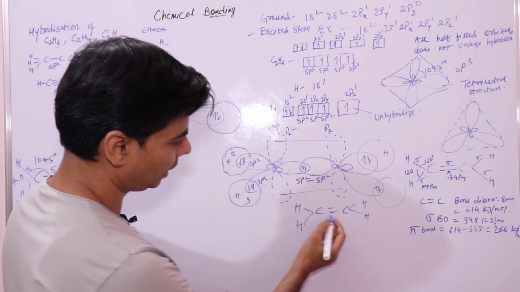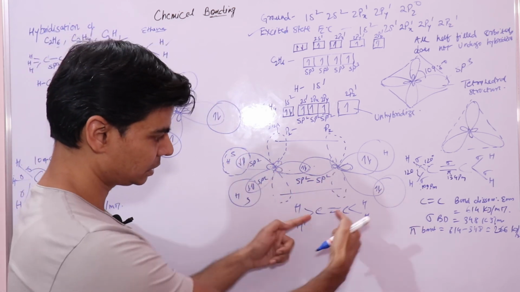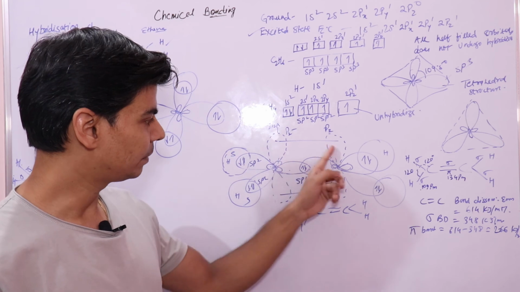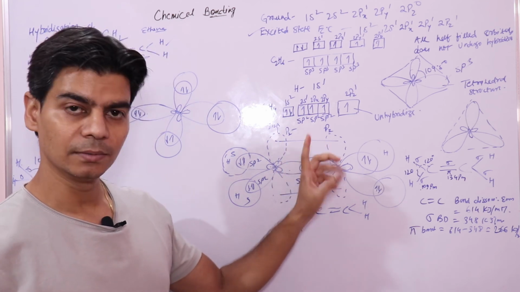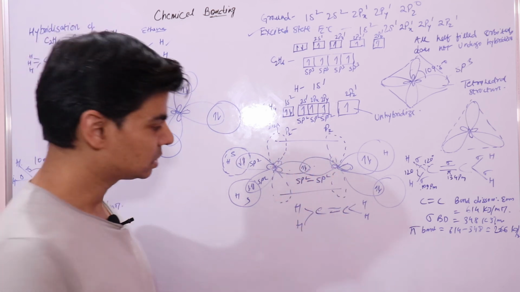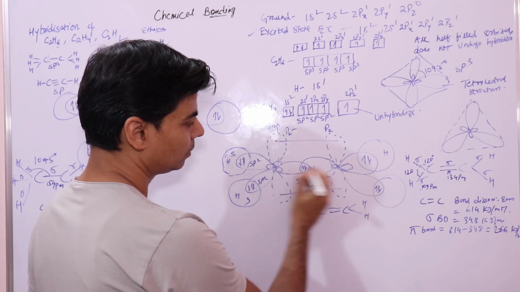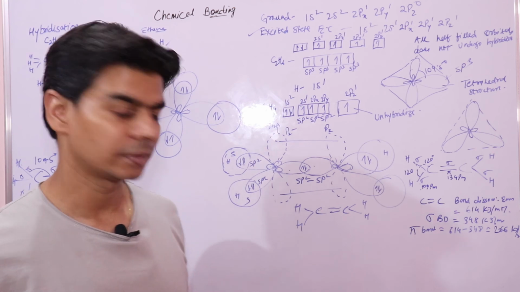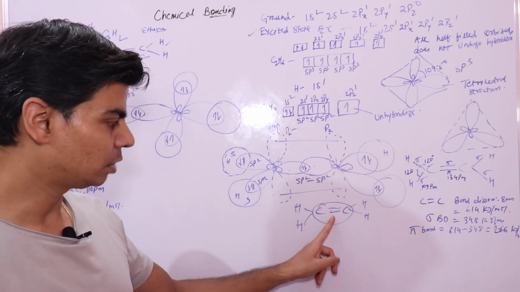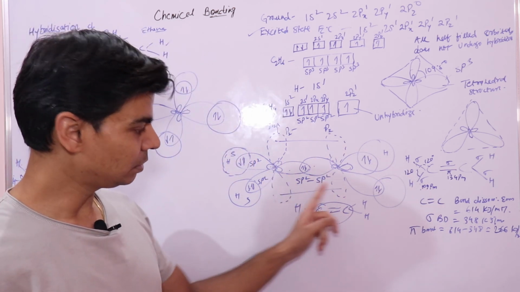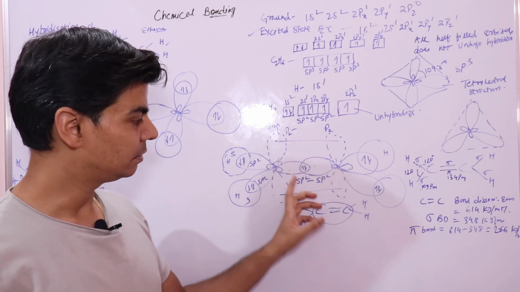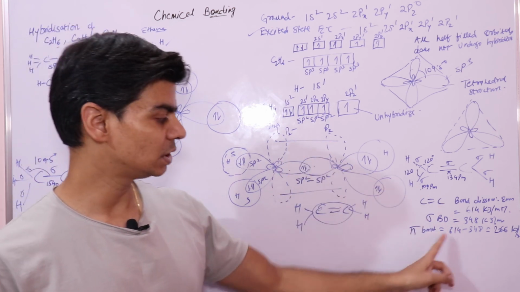If you try to rotate around this carbon-carbon bond, the overlapping will end, resulting in the dissociation of the pi bond.